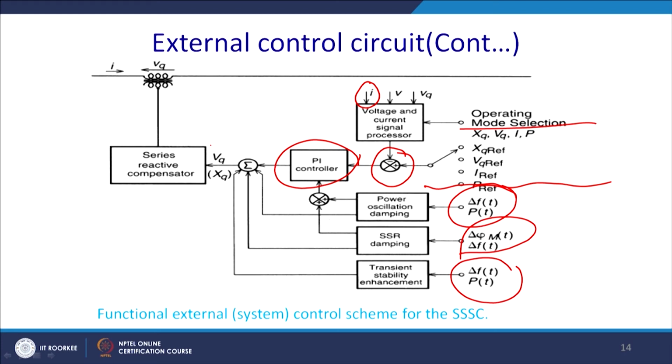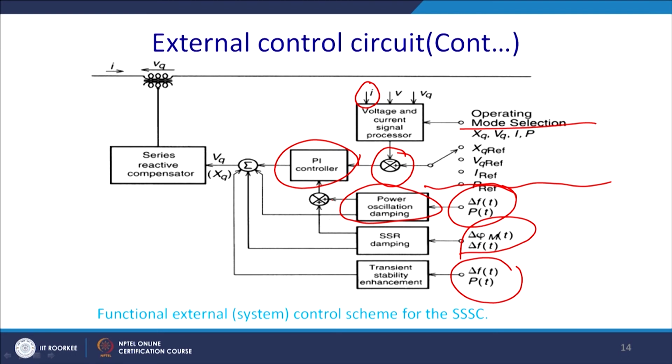And if there is a change in frequency, that means the power oscillation has to be damped out, and from there you will feed this input, whether power in the system is oscillatory or constant, and also whether there is a variation of frequency or not. From there the term power oscillation damping will come into the picture, and ultimately you will feed this value.